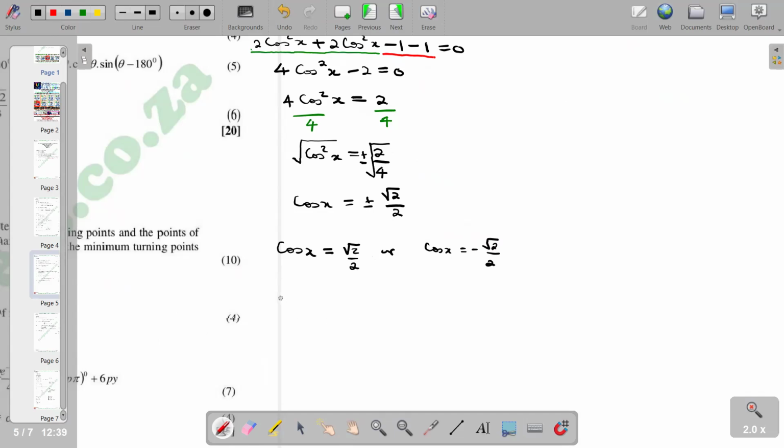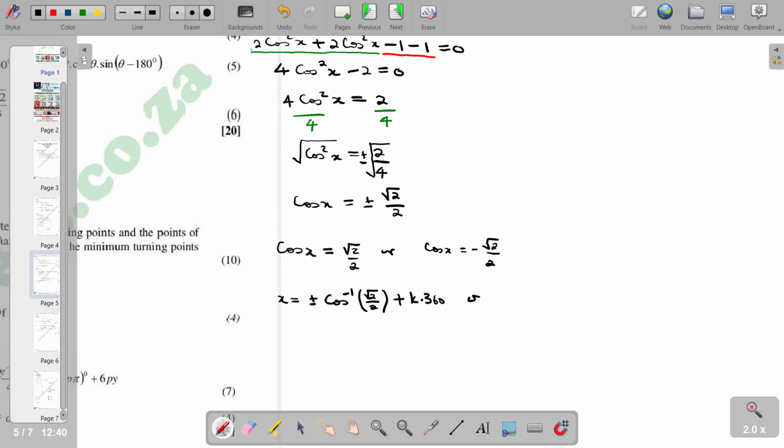Then it therefore means x is equal to plus or minus. We start with the general solution, cos inverse root 2 over 2 plus k multiplied by 360.